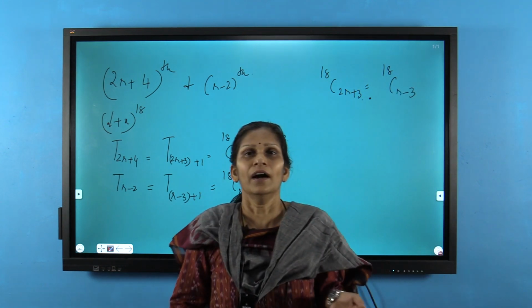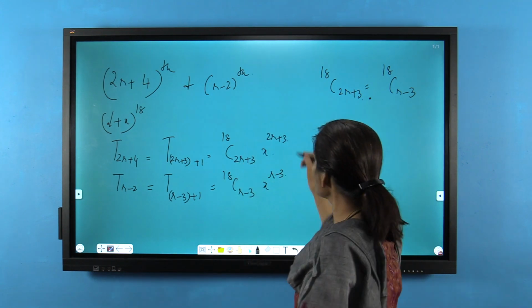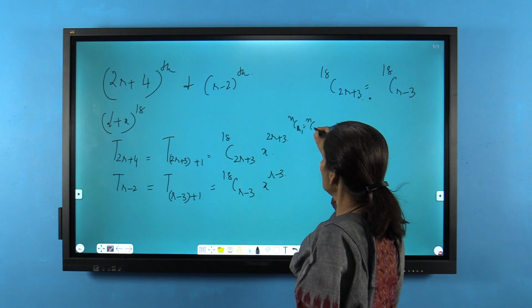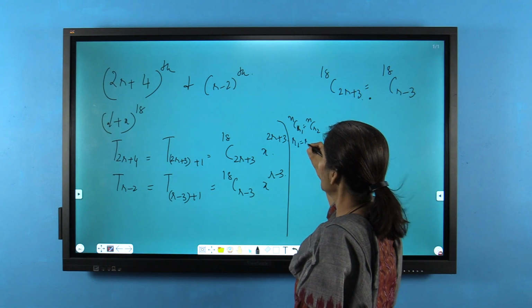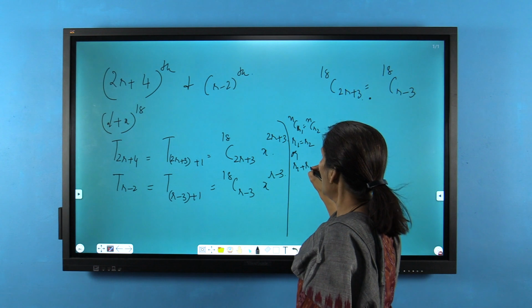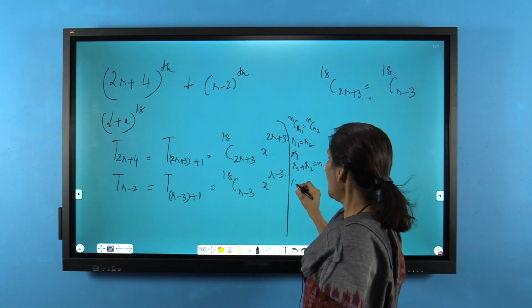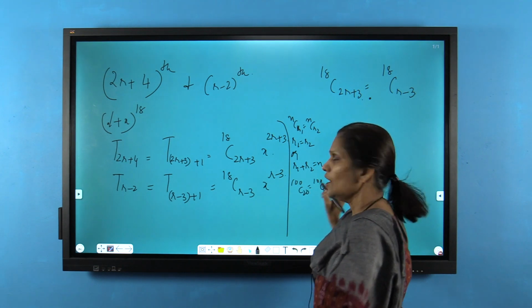So, if NCR1 is NCR2, there are two conditions: either R1 equal to R2 or R1 plus R2 is N. Just reminding you that 100C20 is 100C80.